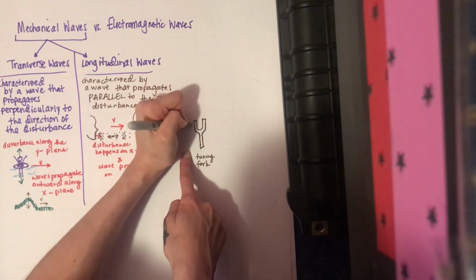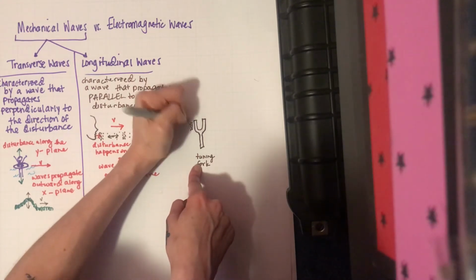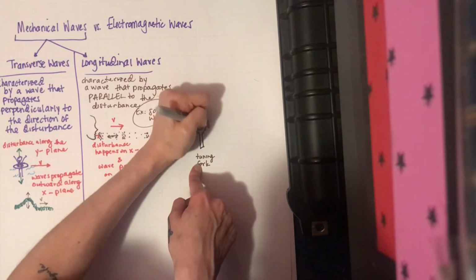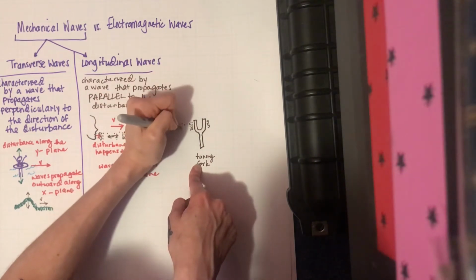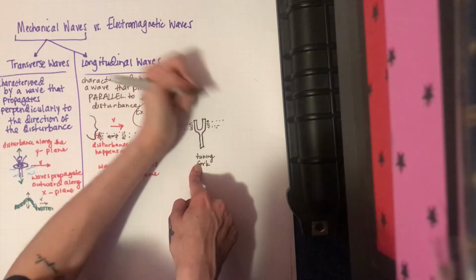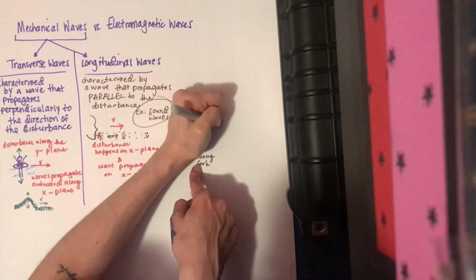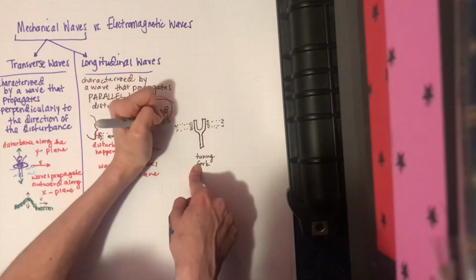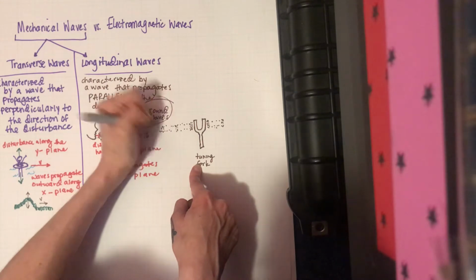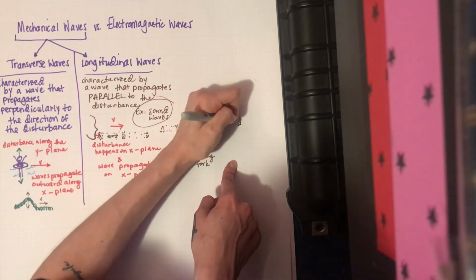So we are going to produce bands of high pressure, bands of low pressure, and these have names. Bands of high pressure and bands of low pressure. High pressure, low pressure, high pressure.